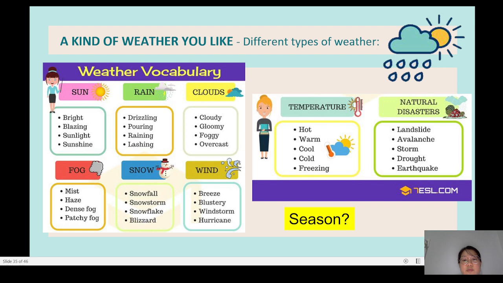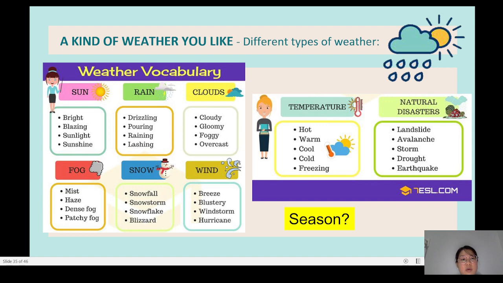However, please remember that you only pick up some or several of them, because if you remember too much, you will hesitate when using them in your test. Here you can see there are 6 main types of weather. They are sun, rain, clouds, fog, snow, and wind.